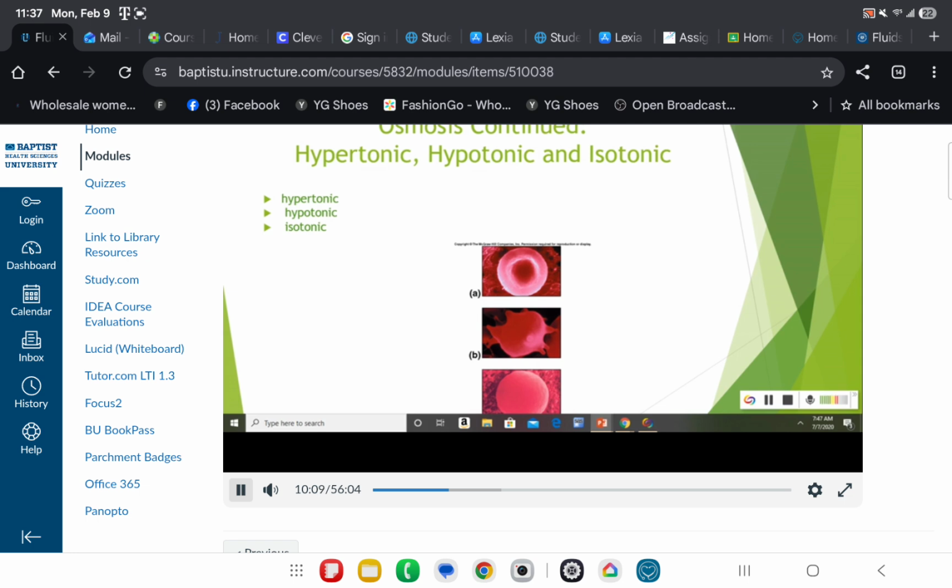And then we have a hypotonic environment. And so this last image gives you an example of what happens with a hypotonic environment. The cell is going to swell. Okay. So in a hypotonic environment, water is going to move. Definition wise, your solute concentration inside the cell is greater than your solute concentration outside the cell.